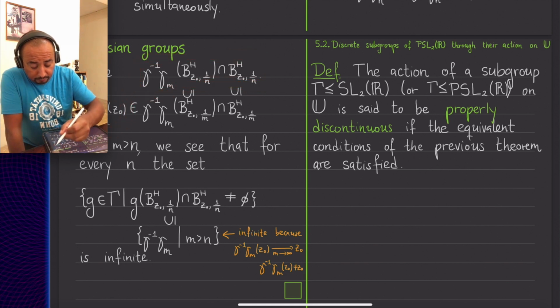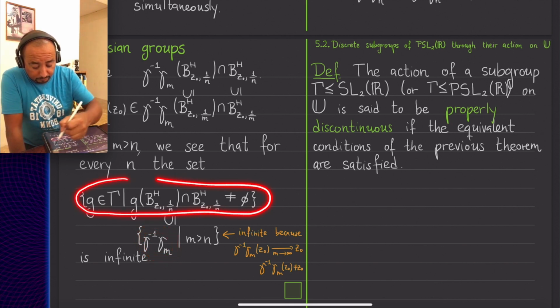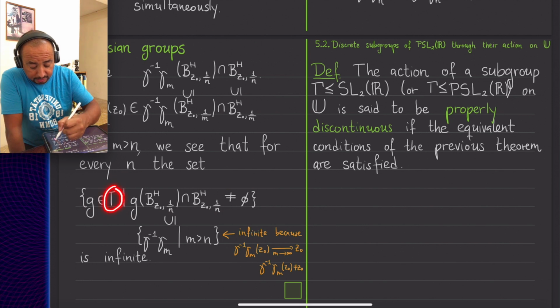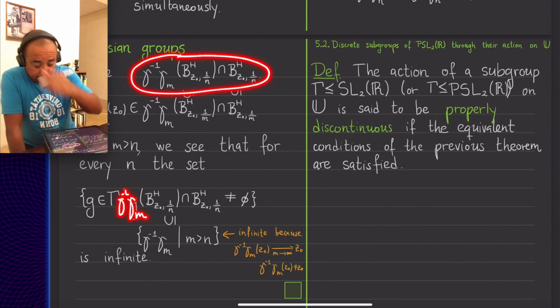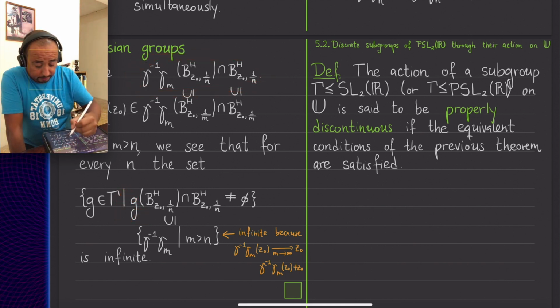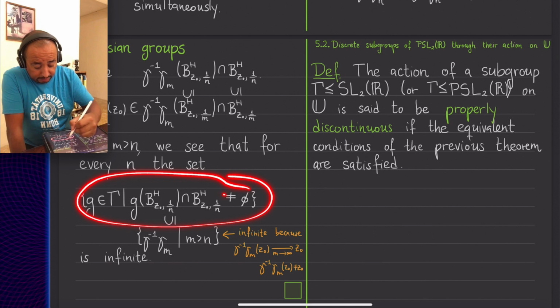So for all m greater than n, I have this element contained in this set consisting of all those g's such that, when I write gamma inverse gamma m, I obtain precisely this. Okay, that is, this is not empty.